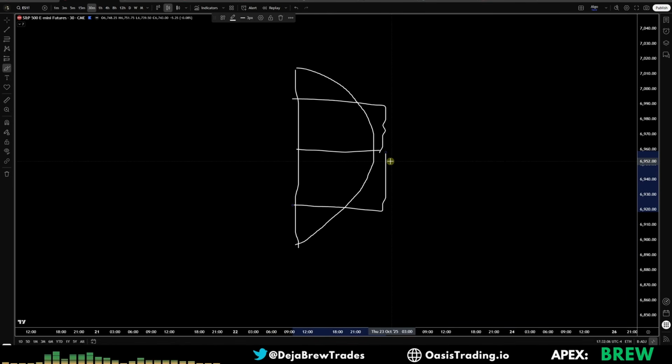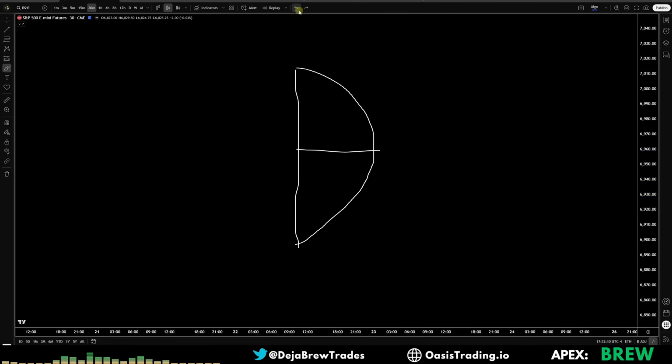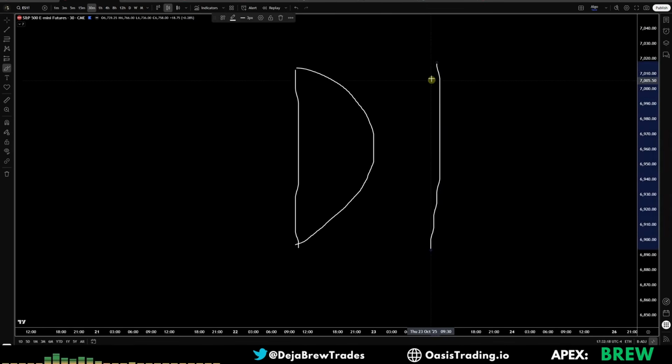Okay, so that is what is known as value. That is where the value is. And where the value is typically determines how your day can turn into these different shapes. If the value area is towards the top of the day, and there's very little volume or value on the lower part of the day, then it would be a P shape, a capital P, right?